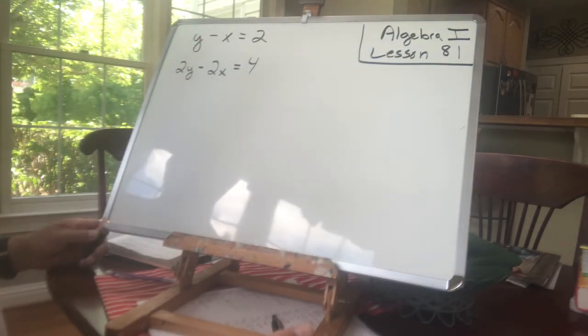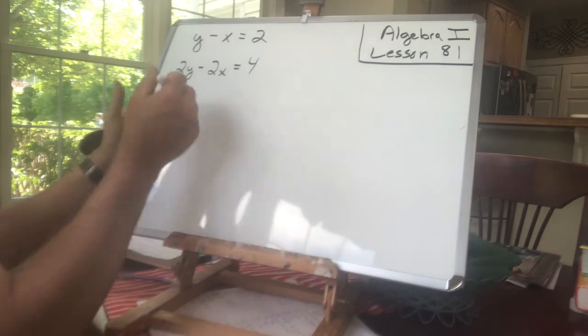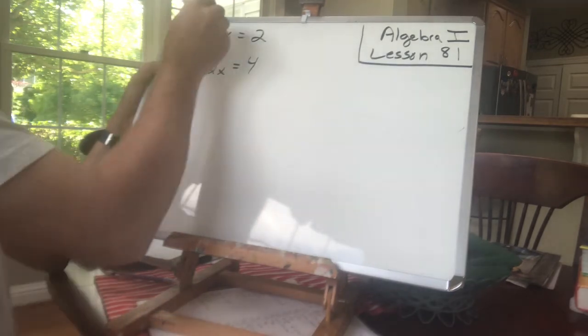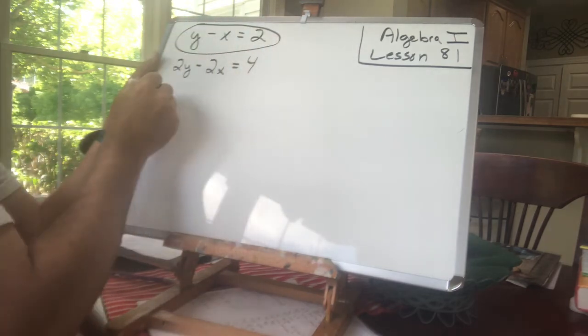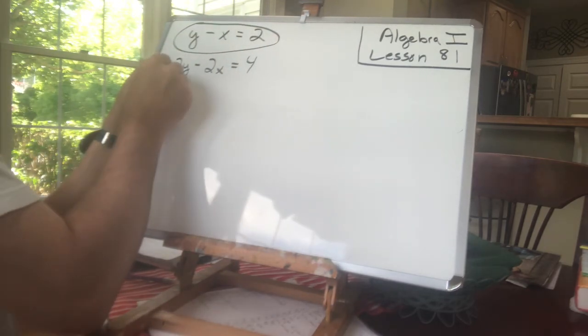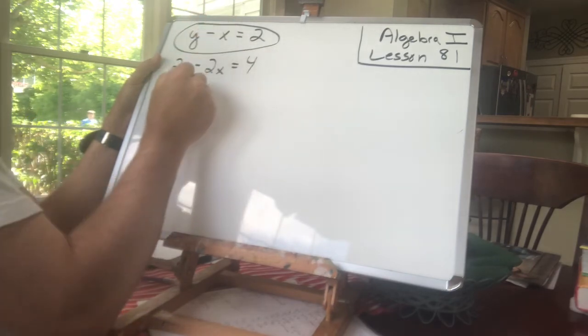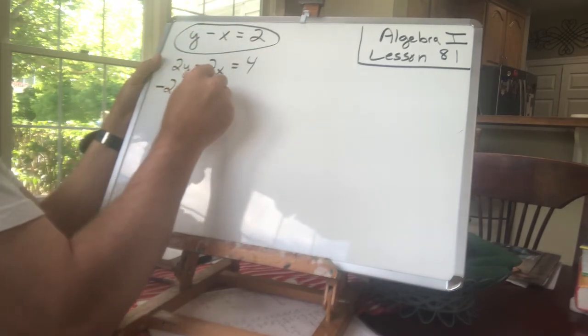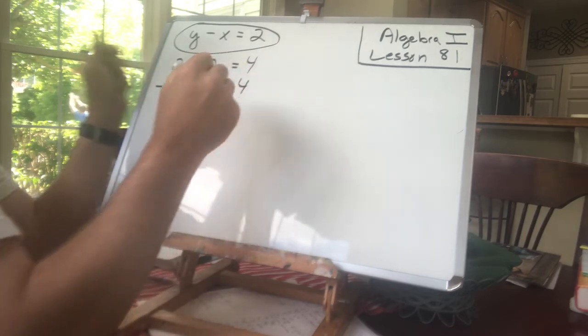So to make that positive 2x, I need to multiply the top one right here by negative 2. I'm going to multiply the whole equation by negative 2, and I'm going to get negative 2y. Negative 2 times negative x would be positive 2x equals 4.